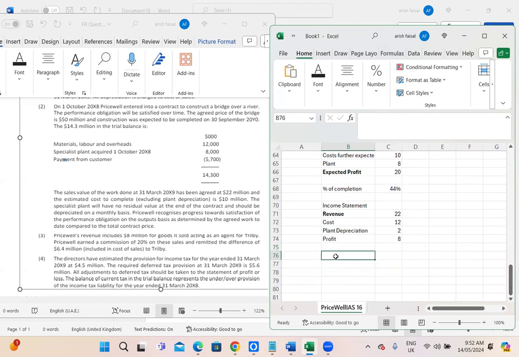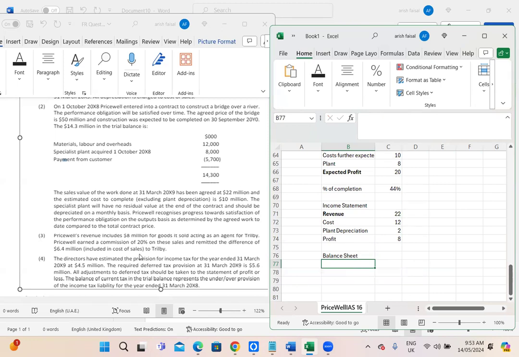And as far as your balance sheet is concerned, in that case, you have to see whether it's a contract asset or whether it's a liability.